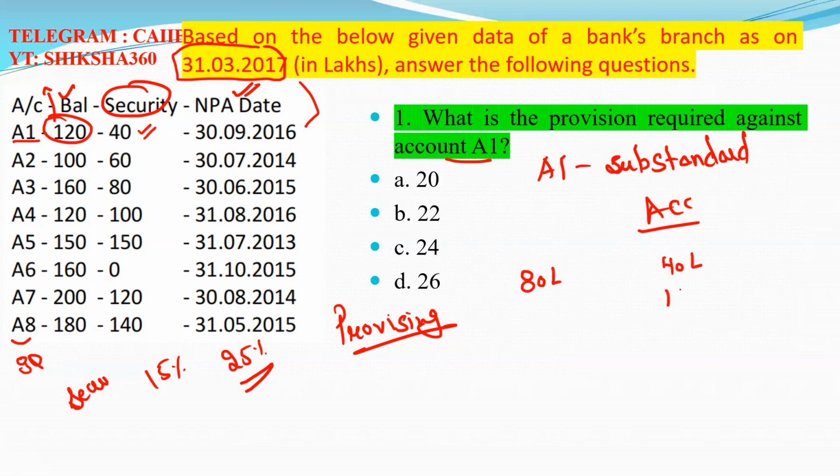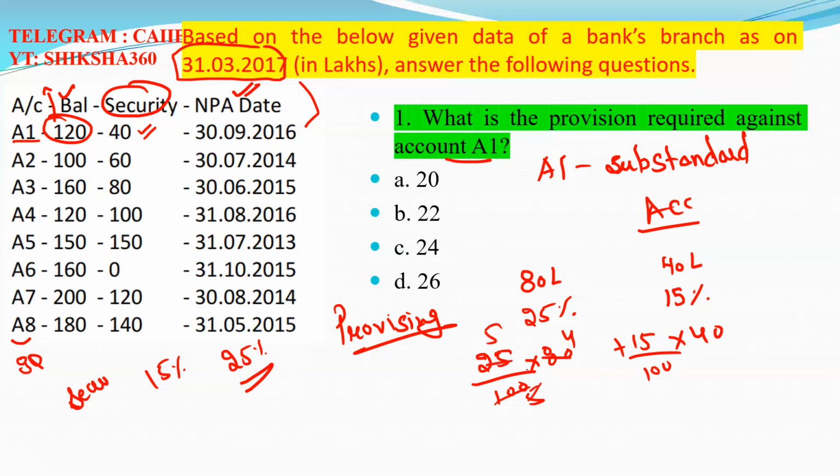Provisioning is 25% of 80 plus 15% of 40. That is 20 plus 6, so 26 lakh. The provision required against account A1 is 26 lakh.